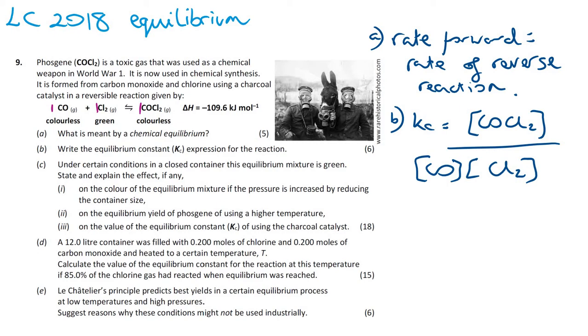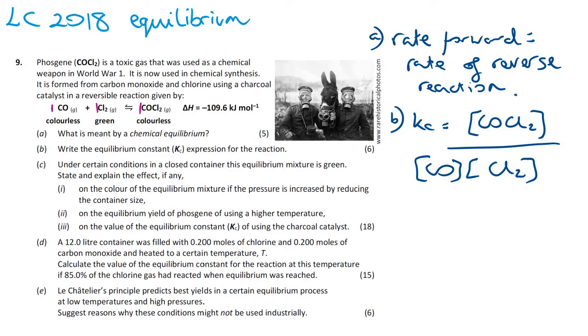So if I increase the pressure, according to Le Chatelier, the system would look to decrease the pressure. And the system can only decrease the pressure by creating fewer molecules. That means it has to favour the reaction that produces the fewest number of molecules. So here, you've got 2 moles on the left, a mole of carbon monoxide and a mole of chlorine, but 1 mole on the right.